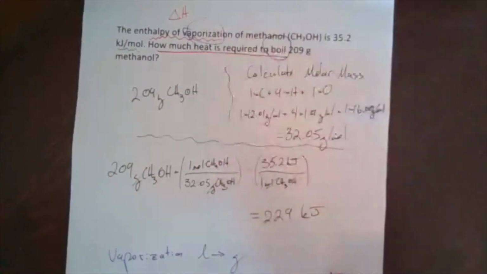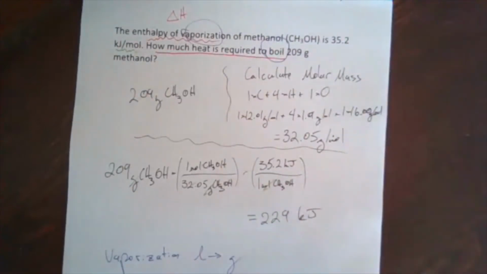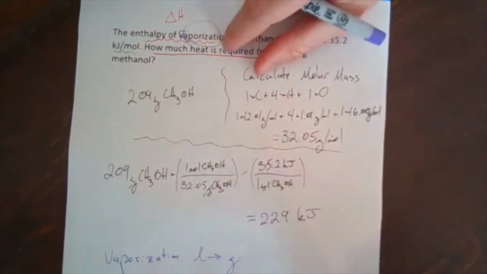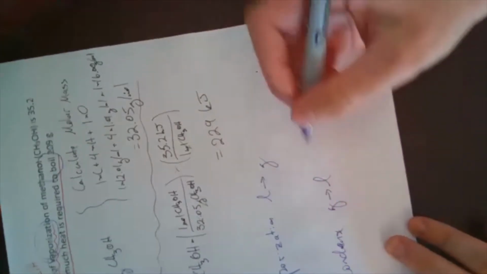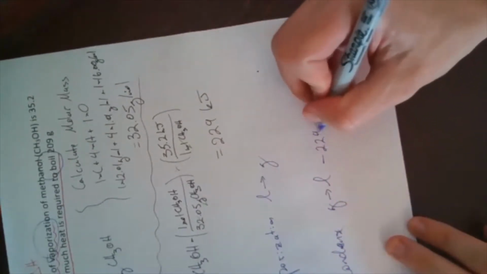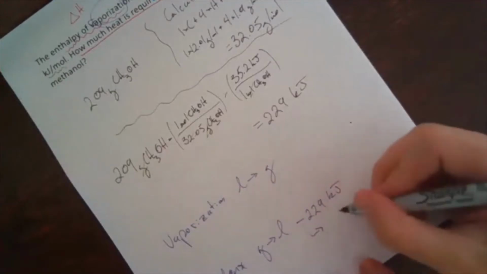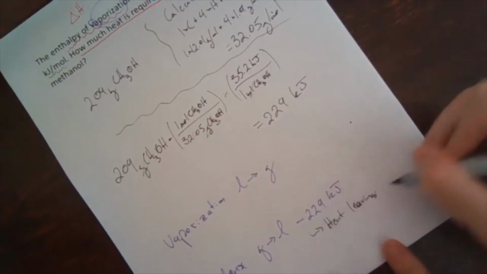So that means that the sign of this heat of vaporization does coincide with this. So if you want to boil this methanol, you will put in 229 kilojoules because it's endothermic. If you were to condense, which would be gas to liquid, it would be negative 229 kilojoules, where that negative sign comes from the fact that heat would be leaving the methanol.